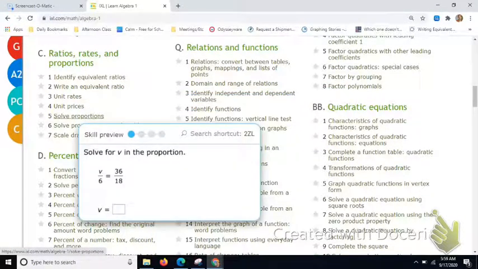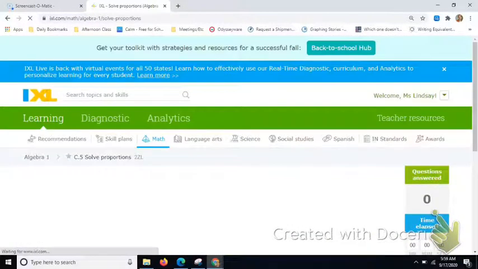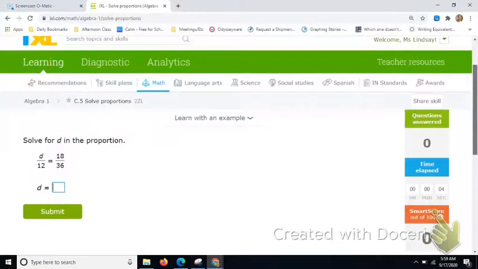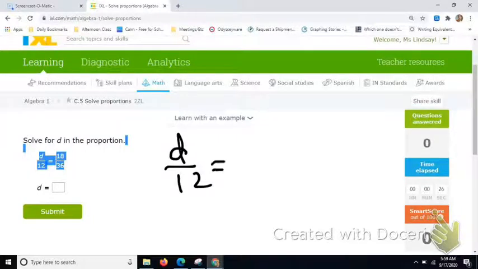Then for now at least we're going to skip down to solve proportions. And sometimes you're going to be able to just see a relationship like we were doing just a minute ago. For instance, I see the bottom number became 3 times as big. Or if I went from right to left, divide by 3. So I could do 18 divided by 3. Since this is D over 12 is equal to 18 over 36.